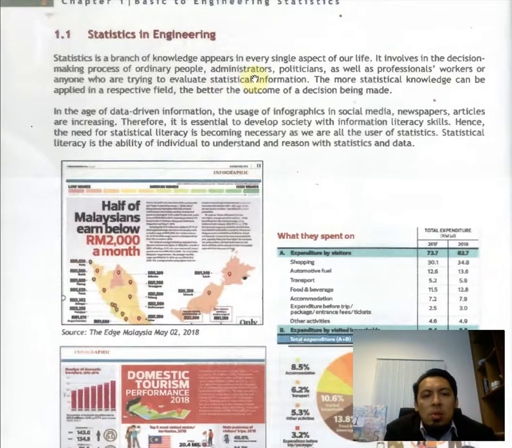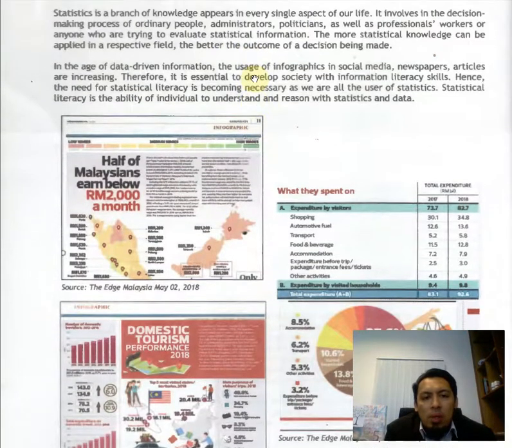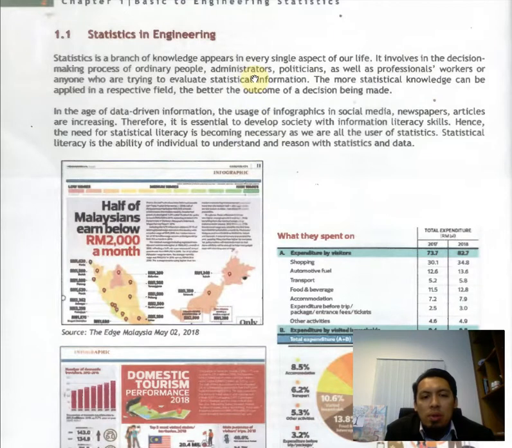In general, all of us have experience in statistics, I believe, in every single aspect of our life, because we have data. In this new age, yes, we have a lot more data.